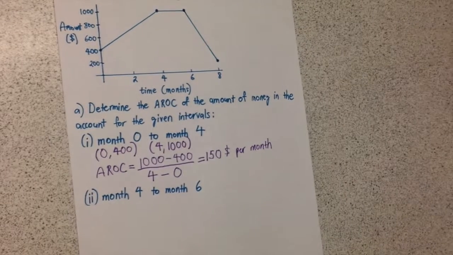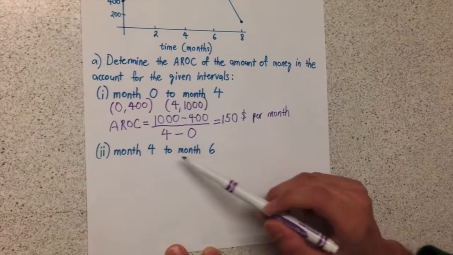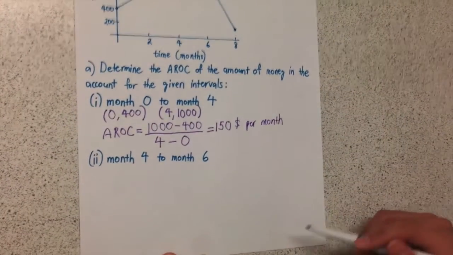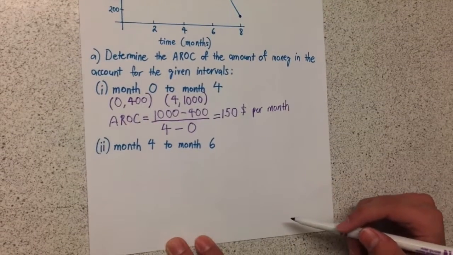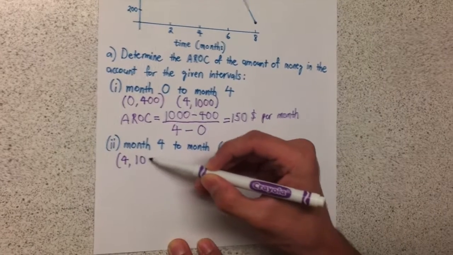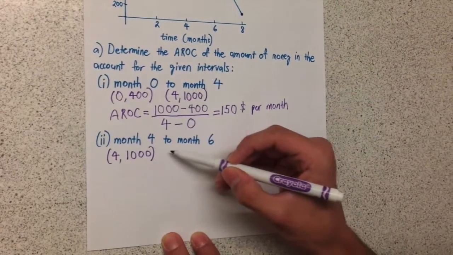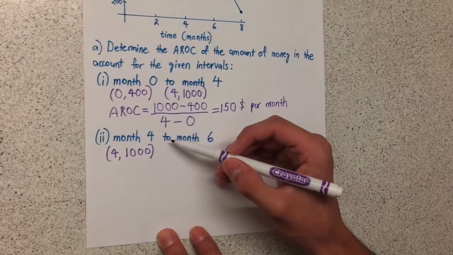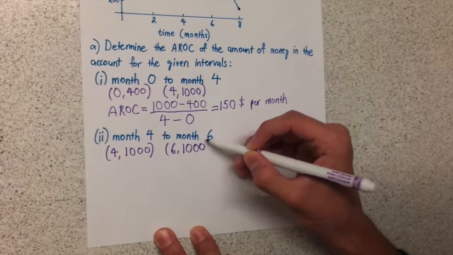Okay, now let's move on to the next part. Month 4 to month 6. So, we are given the points (4, 1,000) and (6, 1,000).